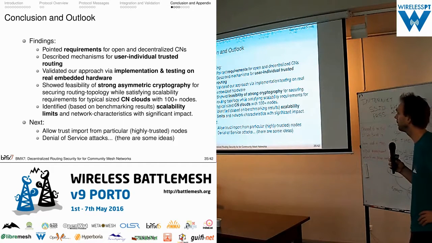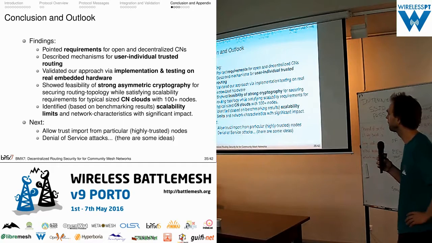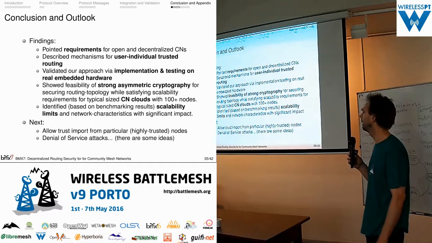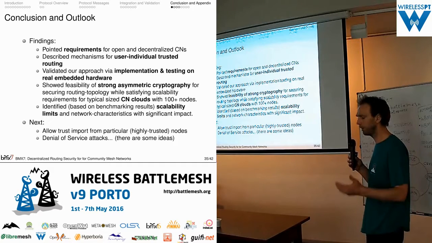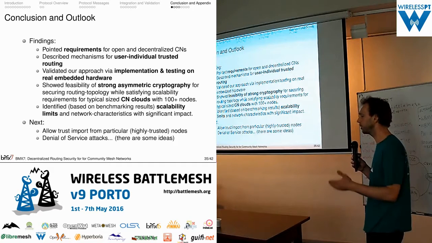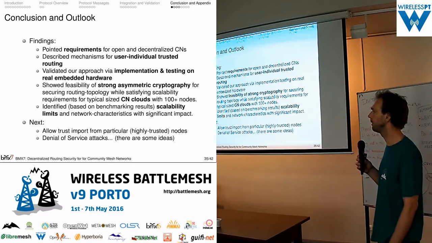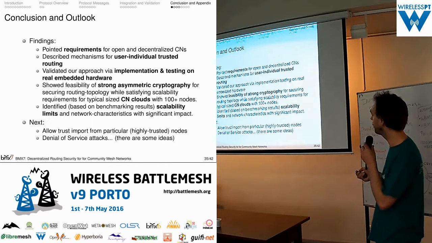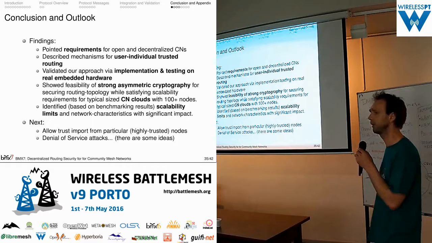And what I want to do next is look a bit at denial of service attacks, how, for example, the creation of dummy nodes can be defended against, and what is already working experimentally is that you can import trust decisions or trust sets from others. So the idea is simple.